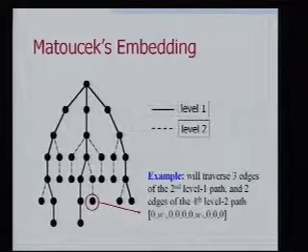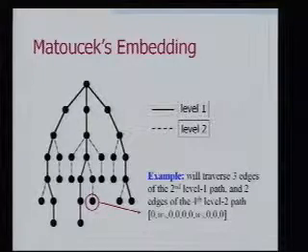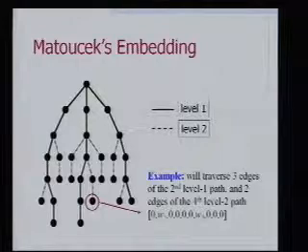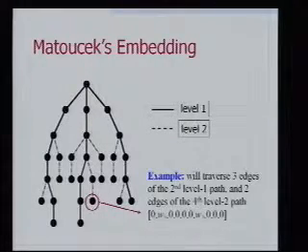Where a given node, let's say this node here, is going to be on the second level 1 path. Sorry, the second level 1 path. That's why there's a non-zero weight there. And 1, 2, 3, 4, 5, the fifth level 2 path.